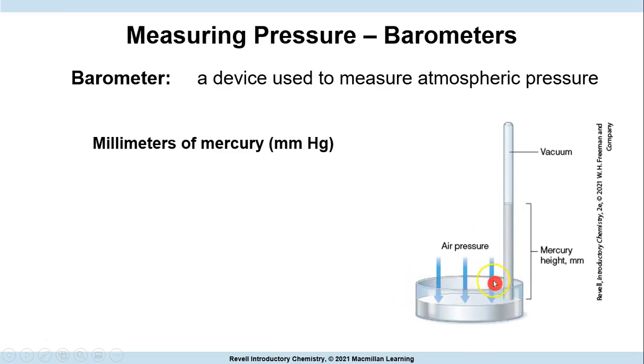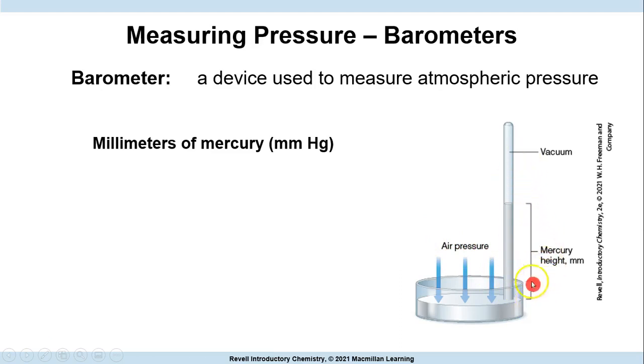Now, to be able to know the pressure, gravity exerts a force pushing down the mercury in this column, and the air pressure pushes the mercury in the column, and there is that interaction. So what you see here, the height of the column, is the pressure being exerted by the air, and that measures the air pressure.